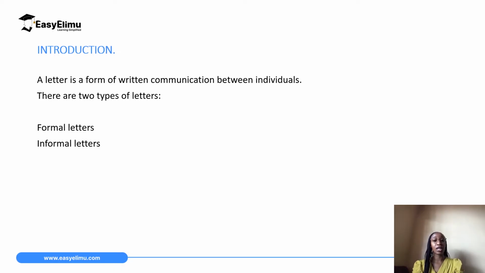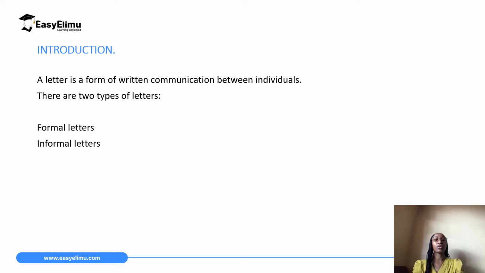There are formal letters and informal letters. Informal letters, which is what we are looking at today, are letters that you write to your friends, to your relatives, while formal letters could be from one organization to another, or it could be you writing to a certain leader in a certain organization, maybe a principal of another school, or maybe your school wants to tour, let's say, a factory.